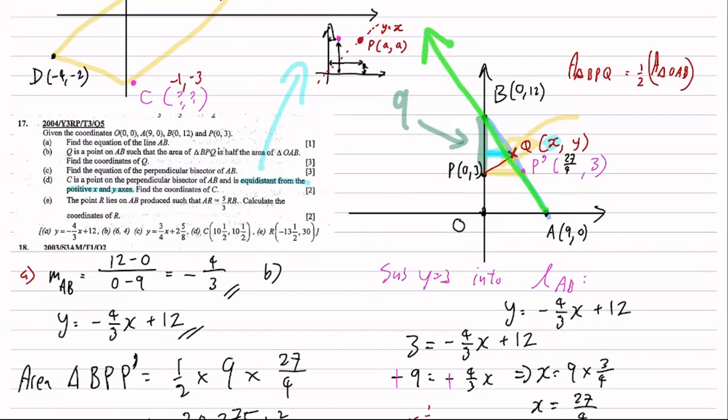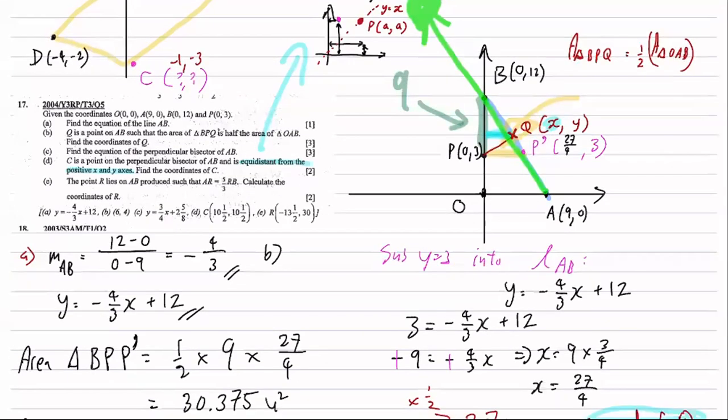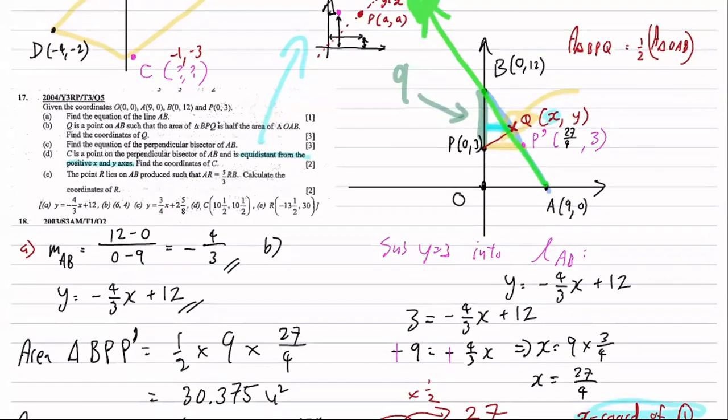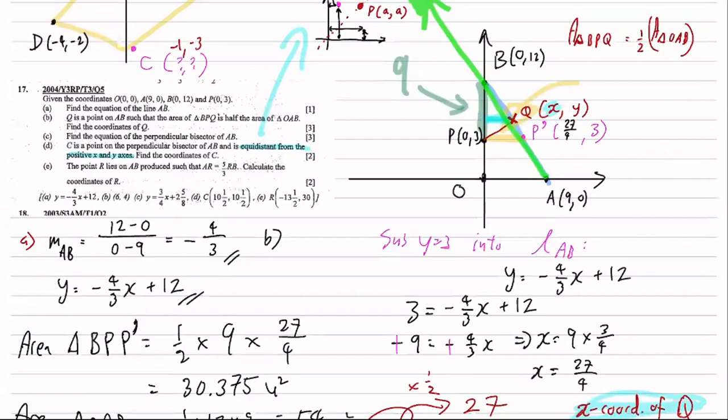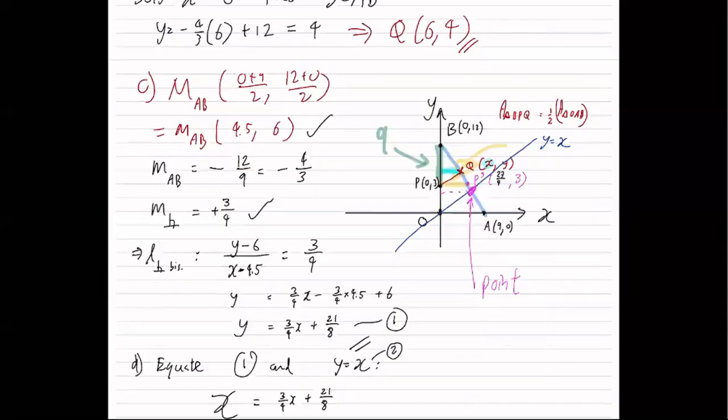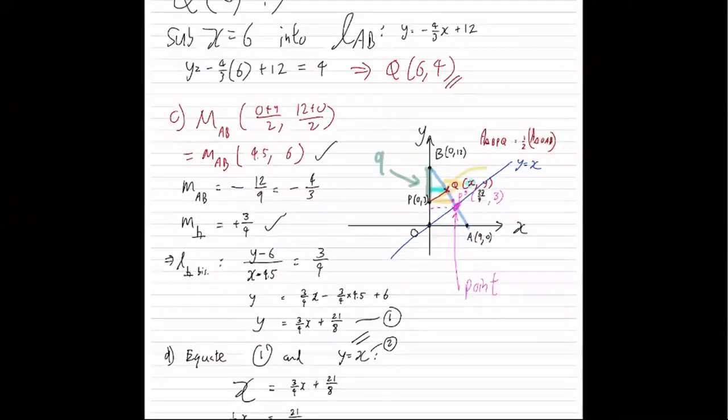Is it clear? Okay, so point R lies somewhere here, such that AR equals 5/3 of RB. Then calculate the coordinates of R. Let's just draw on this diagram. Extend, extend.